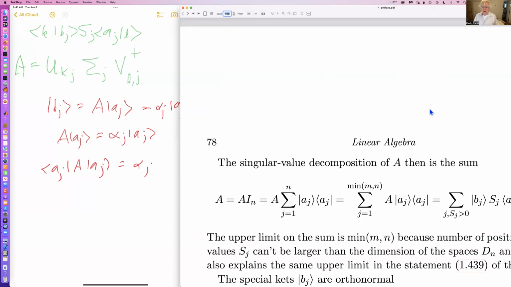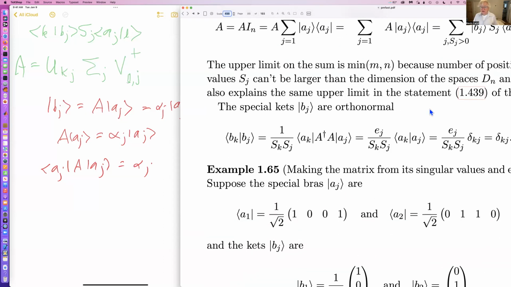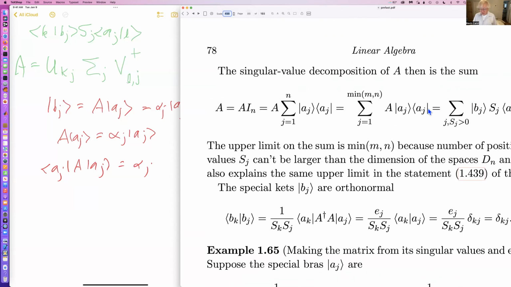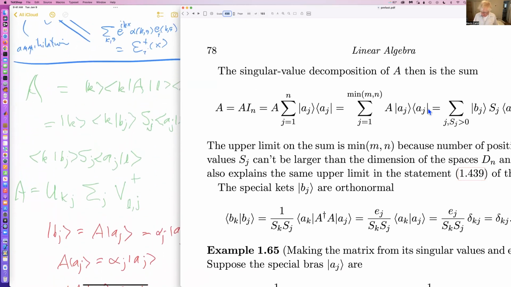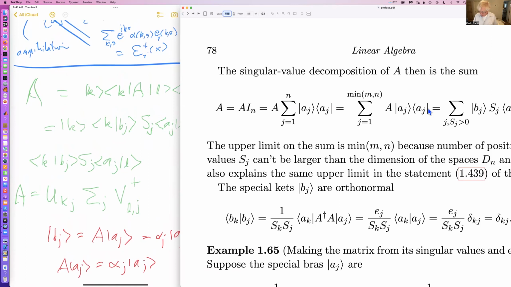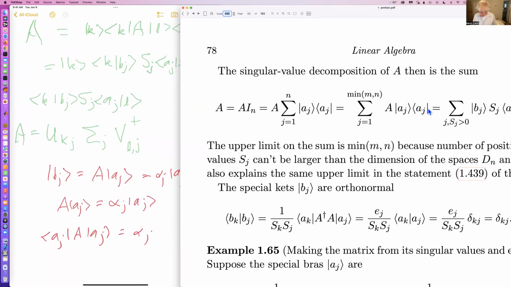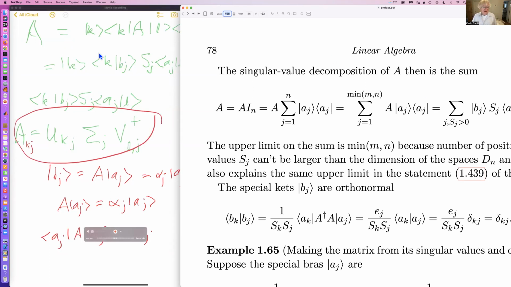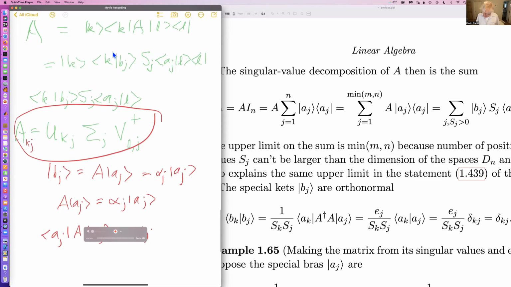Anyway, what one gets is, of course, this expression for A in terms of the two chosen bases, or equivalently in matrix form, A K_j is this sum here. And let me make that clearer.